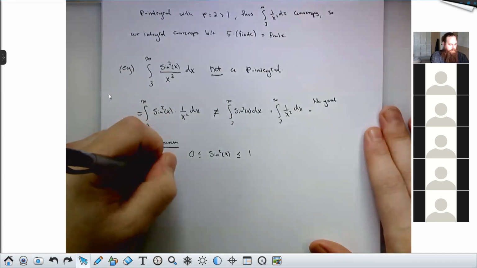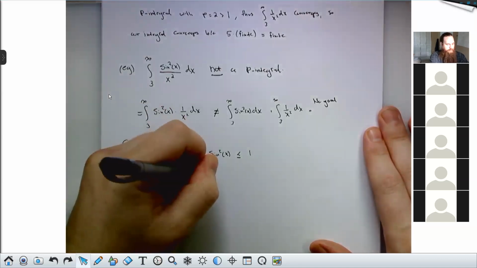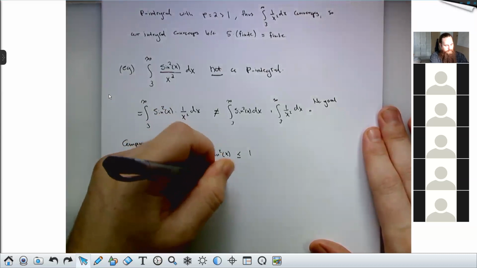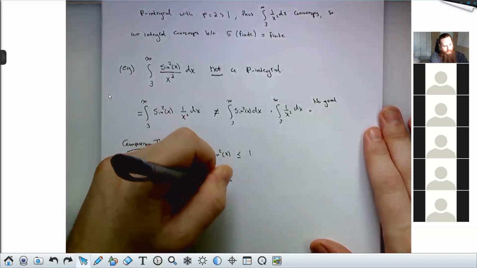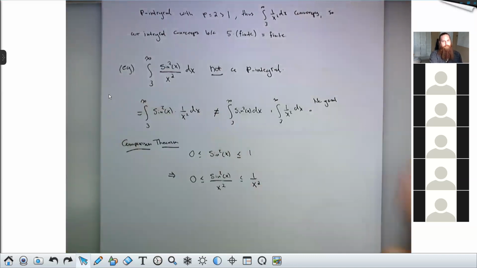This implies, if you divide everywhere by x squared, that sine squared of x over x squared is smaller than 1 over x squared.